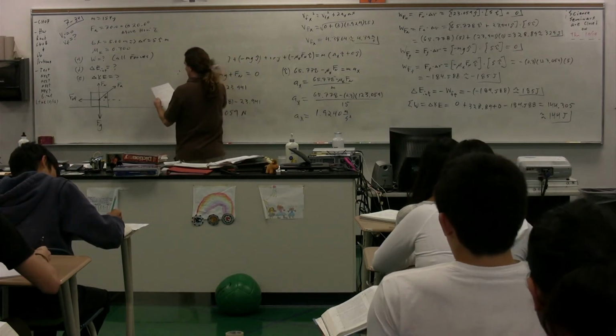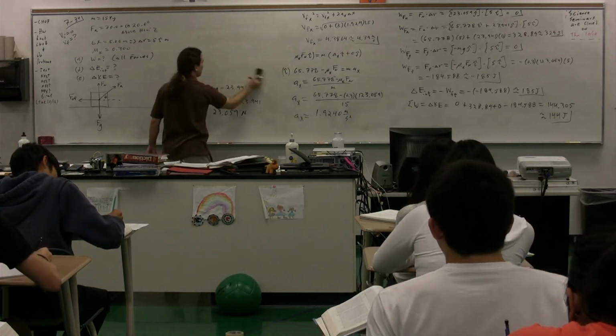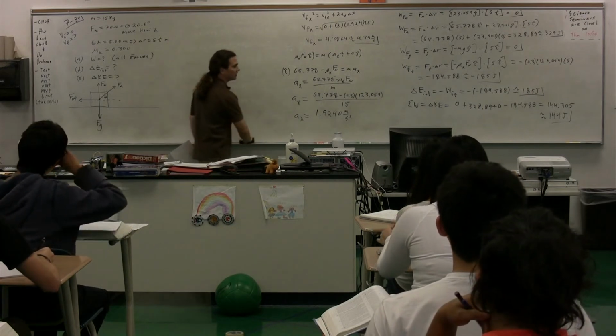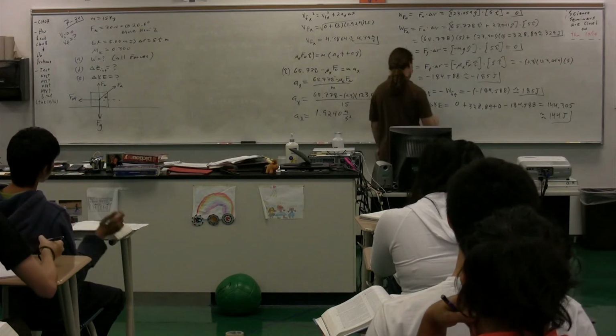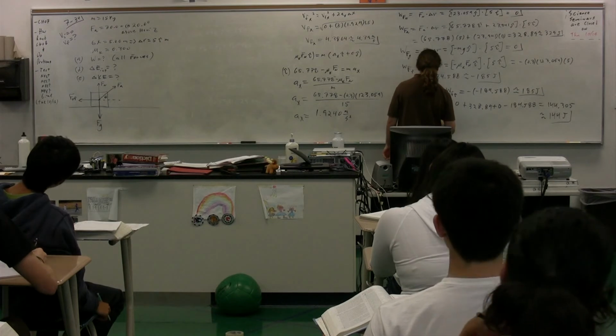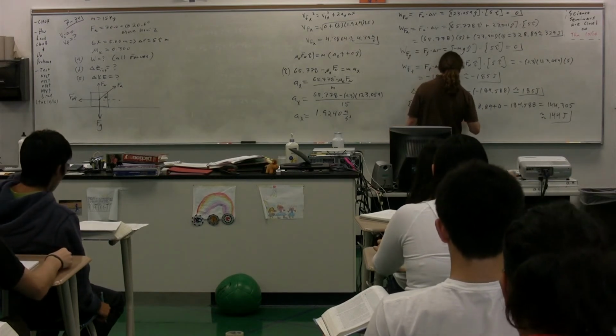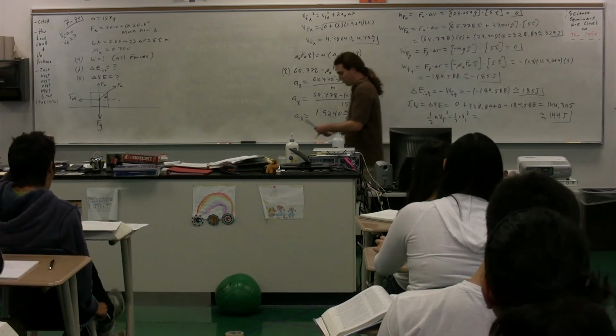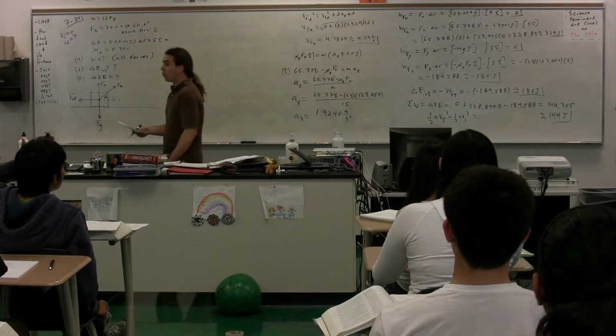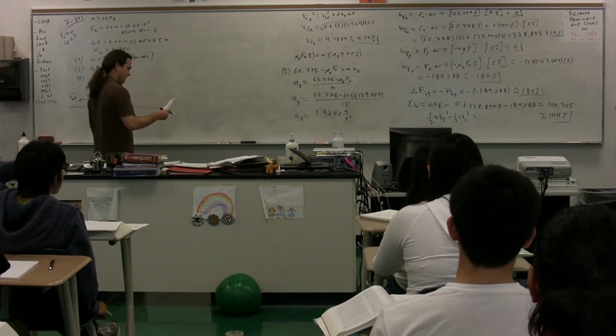Now, we could go through and figure out the final velocity. We're not going to do that. You can see that this is equal to change in kinetic energy, so it would be equal to 1/2 mass times velocity final squared minus 1/2 mass times velocity initial squared. You can see that's going to work out to be exactly that. What we need to do instead is see this.